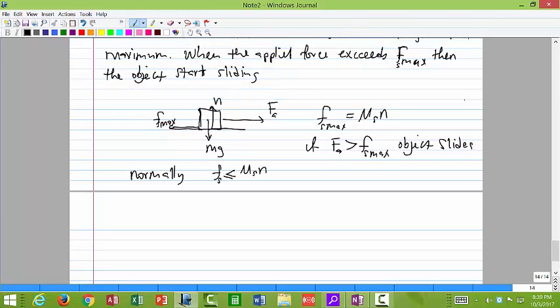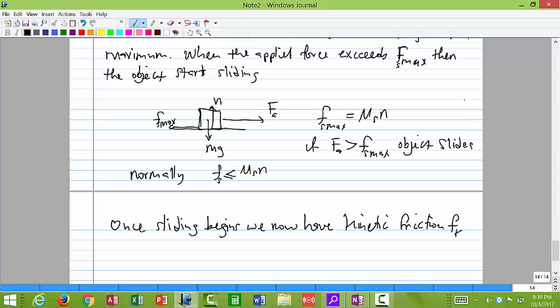Questions on that? And so once the object starts sliding, then we now have kinetic friction. So we can say that once sliding begins, we now have kinetic friction F subscript k, where F subscript k is equal to mu_k N, and F subscript k is a little bit less than the maximum static friction.